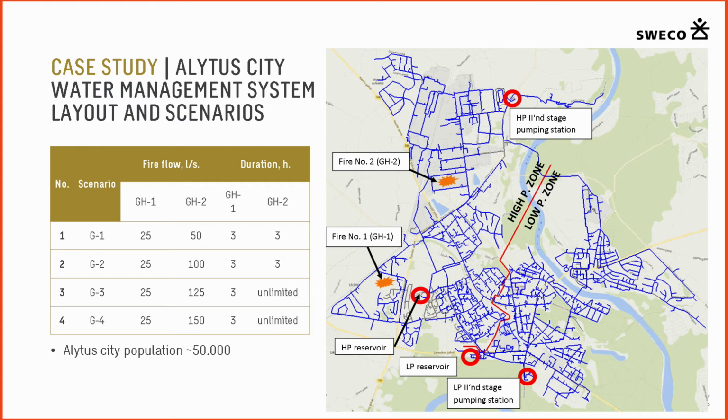Here we have 2 different pressure zones, a high pressure zone and a low pressure zone, and you see 2 fires, fire number 1 and fire number 2. Here you also see that the system has some reservoirs and pumping stations.